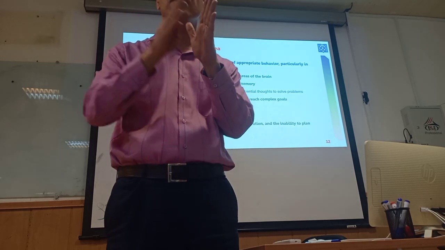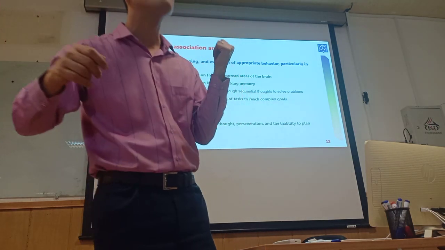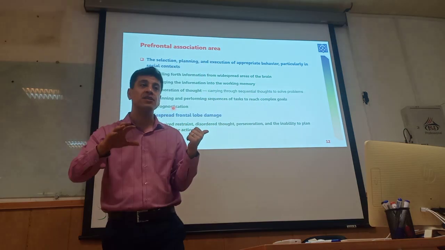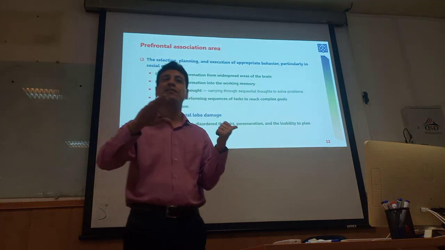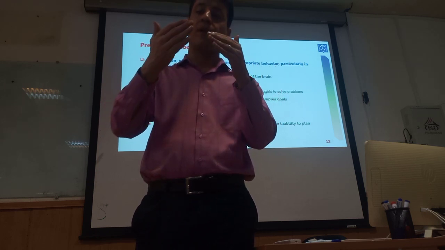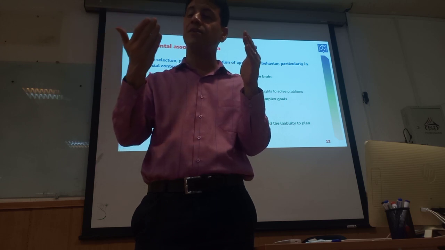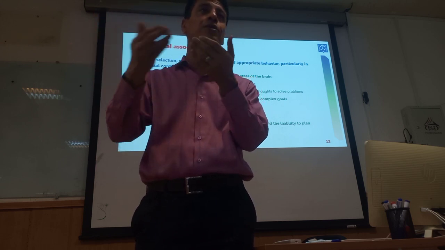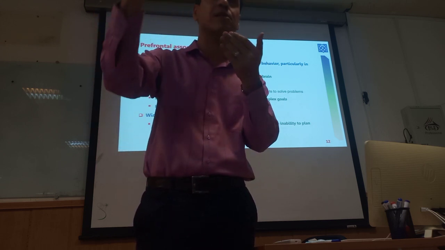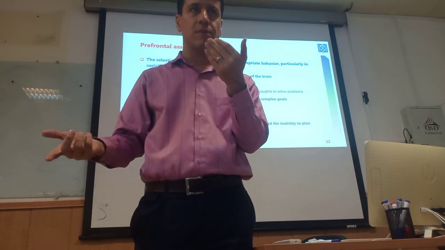So this way you can continue the thinking process. So all of this happens in the prefrontal cortex. So if there is damage here, the person cannot use the working memory. So the course of the thinking process is lost. So the patient cannot use information in order to plan something, to do a sequence of something, for example.